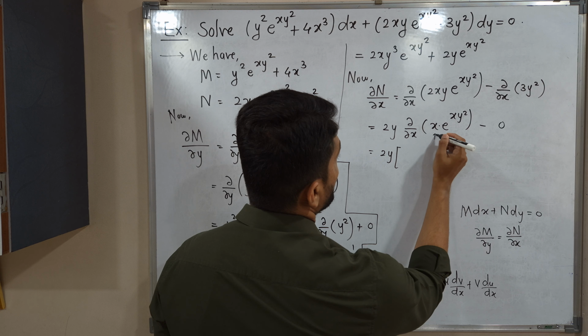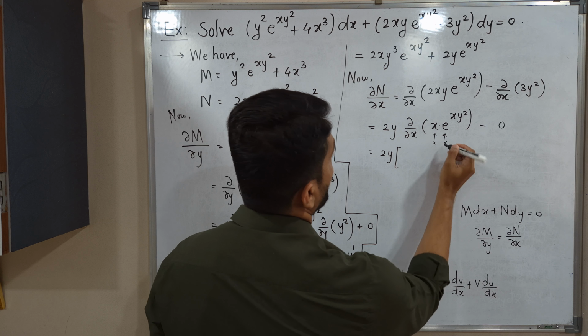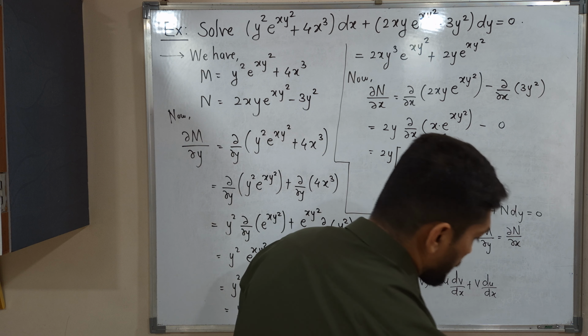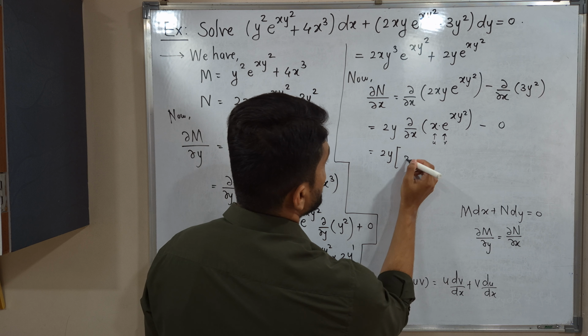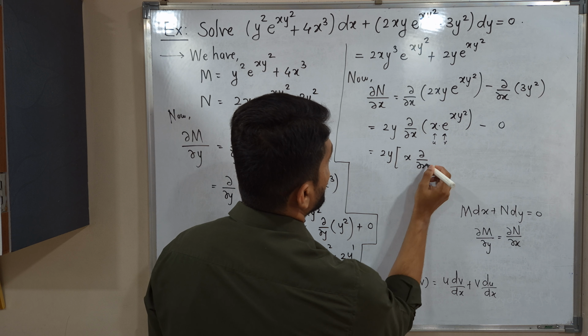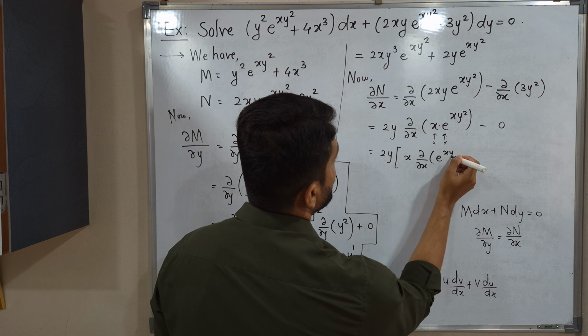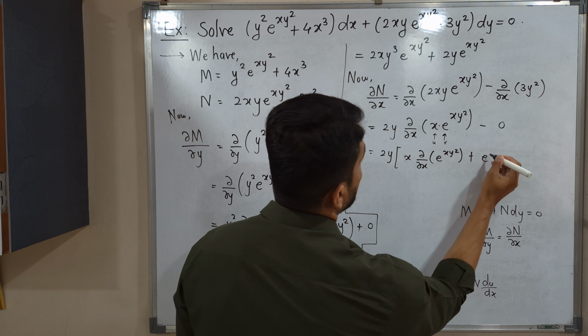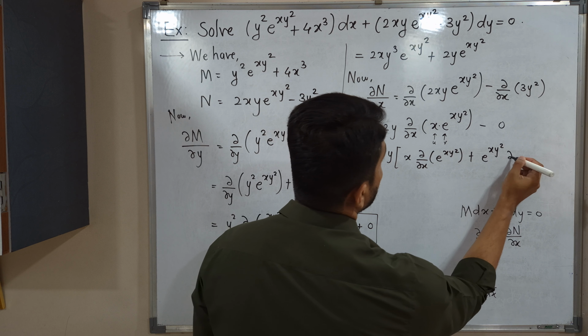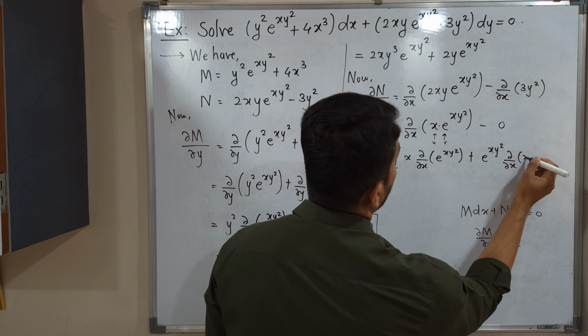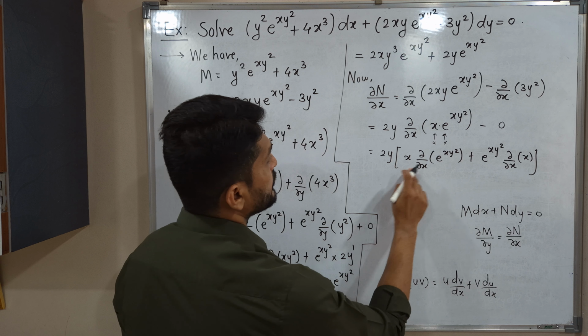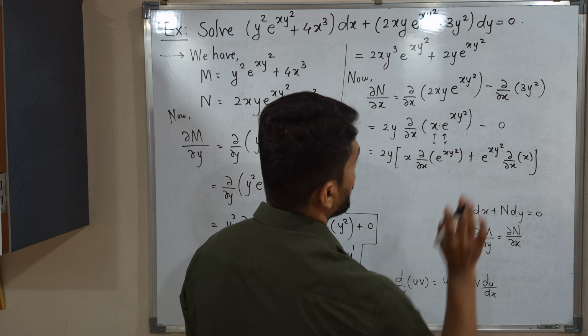So this is u and this is v. Let us see what will be its derivative. x as it is, derivative of e raised to xy square, plus e raised to xy square as it is, derivative of x. So I use here first into derivative of second plus second into derivative of first.